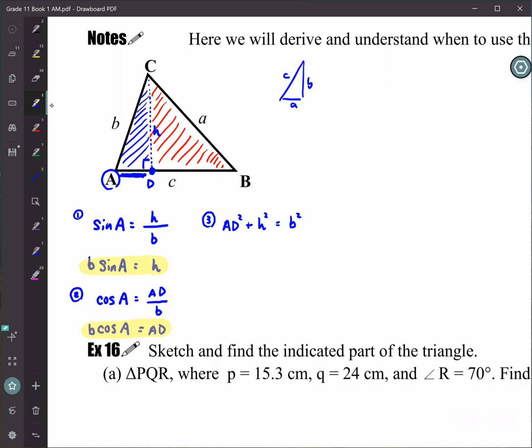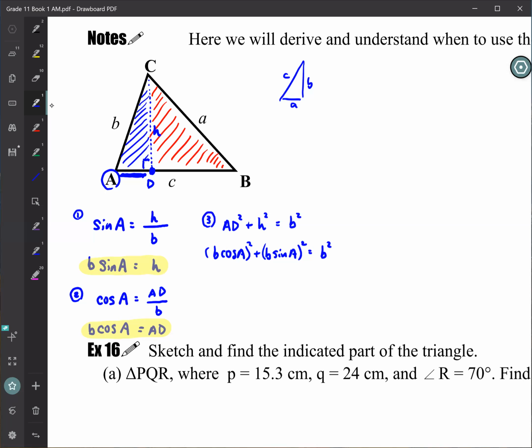Okay, and then I'm going to replace each one of them with the yellow highlighted, right? So for example, AD is B cosine A, right? B cosine A. H is B sine A. Okay, and then B squared just staying there.